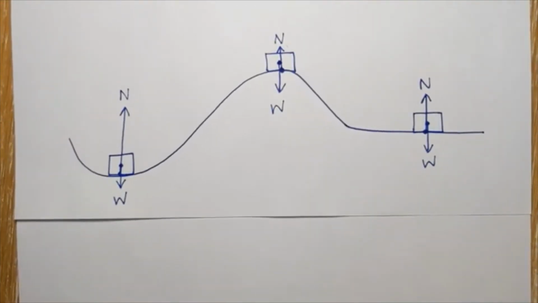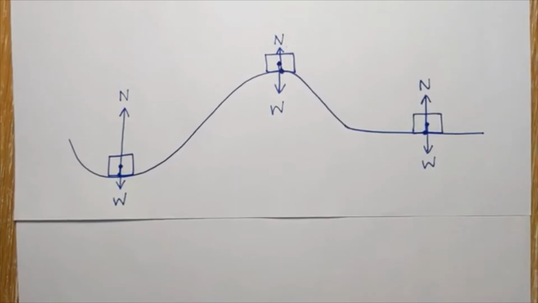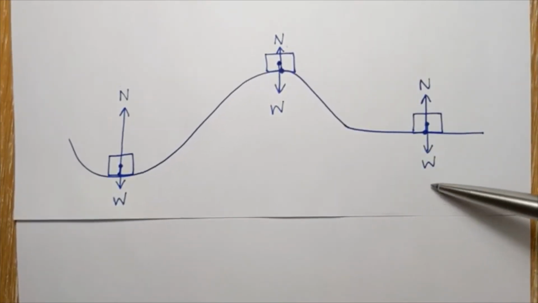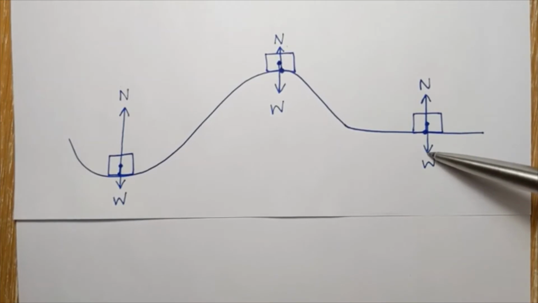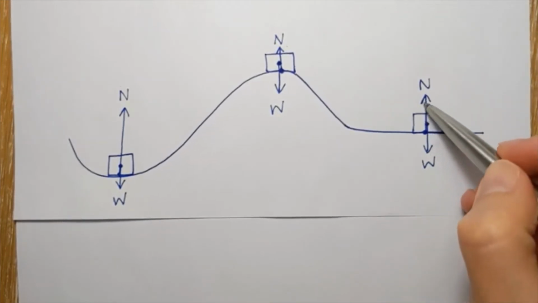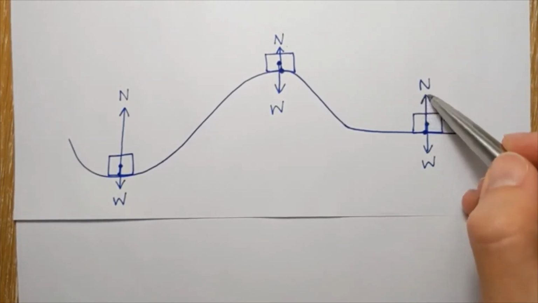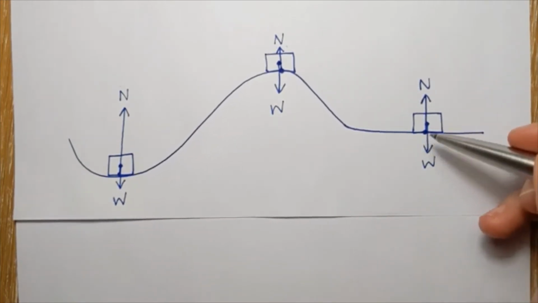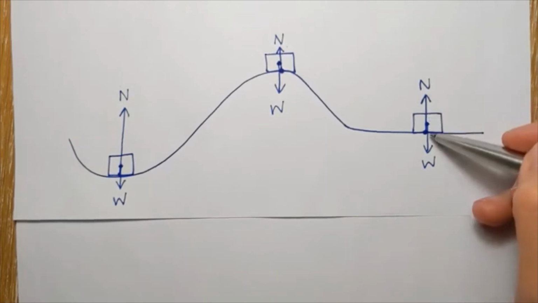And the last thing to say about the normal contact force is its connection to feeling lighter or heavier or weightless. If this is you, you're the block. If this is you, there's your weight downwards. There's the normal contact force exerted by the floor upwards. And usually, because you're stationary and therefore not accelerating, usually these two forces are the same size.